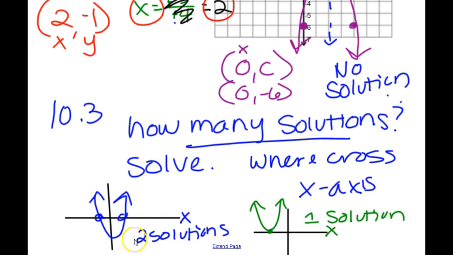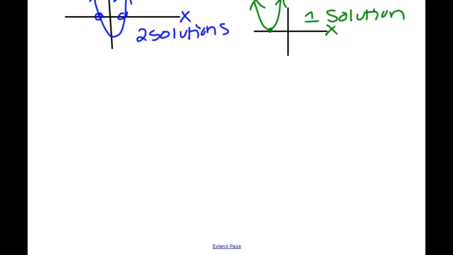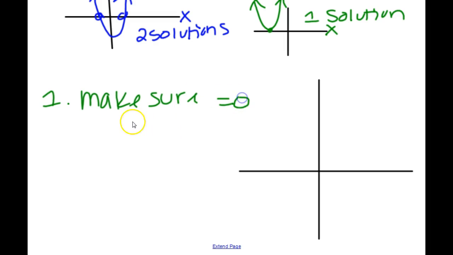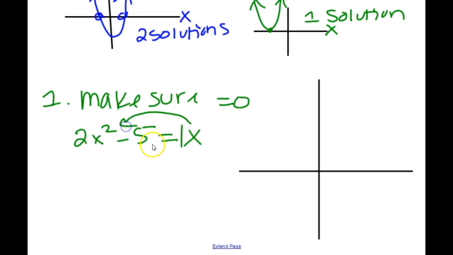So quick review of 10.2 and 10.3. The steps we took. First, using your equation, make sure it's equal to 0 or equal to y. So for example, if you have 2x squared minus 5 equals 1x, make sure you move that x over to the other side so it's equal to 0.